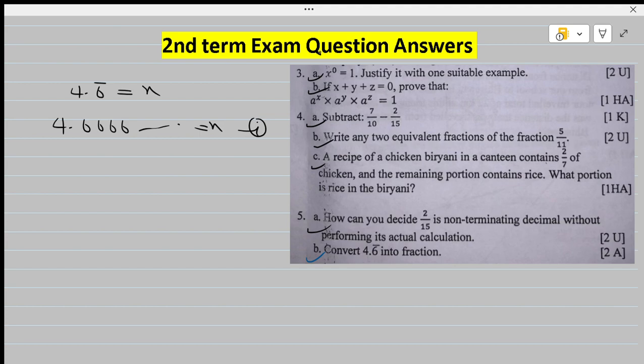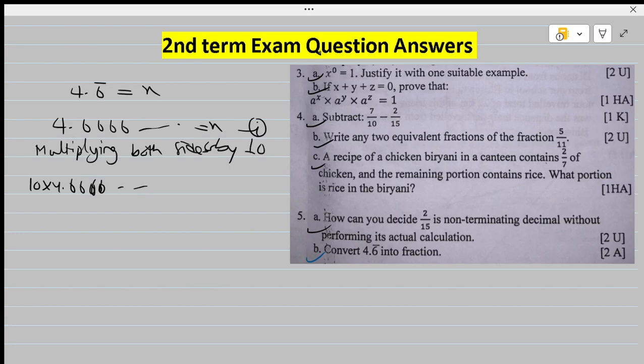Now to solve for the value of x, we have to shift the decimal by one digit from left to right, and for that we have to multiply both sides by 10. So let's multiply both sides by 10.